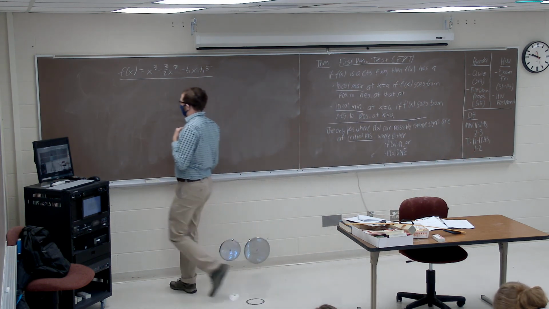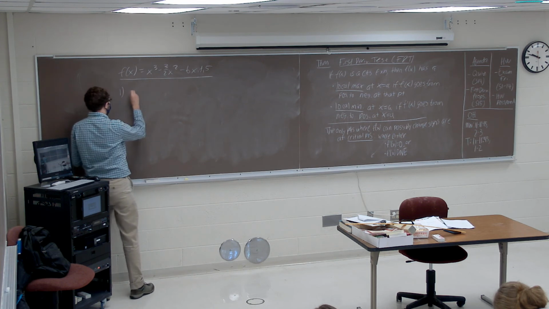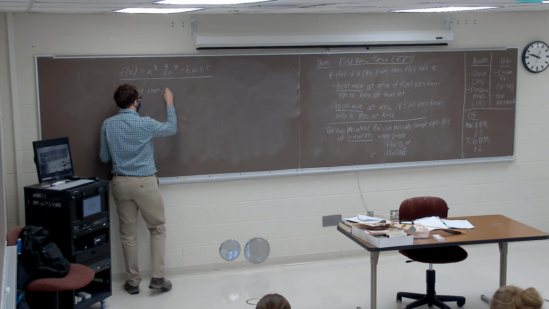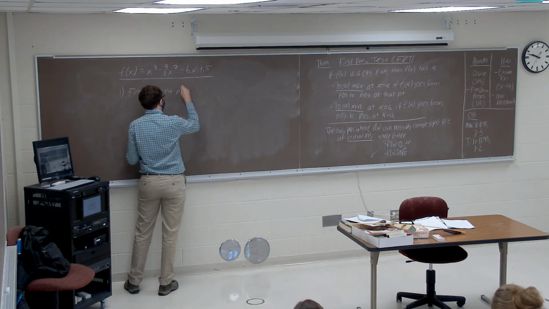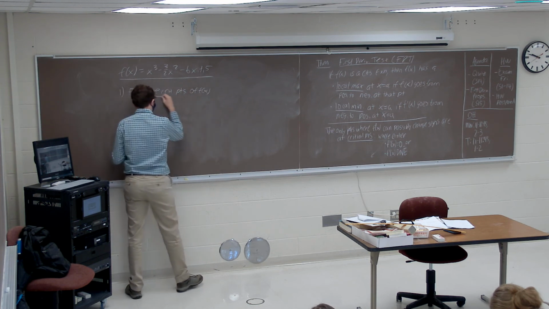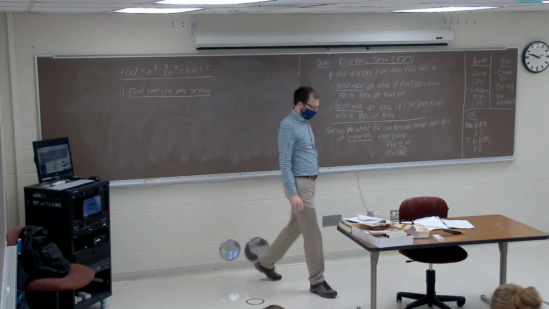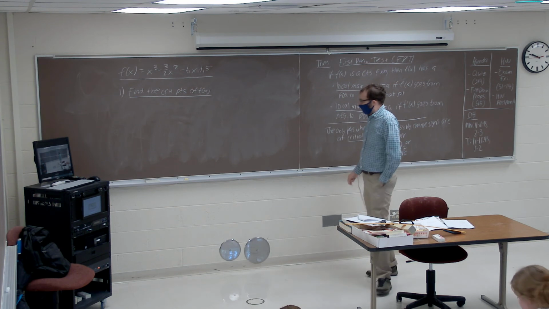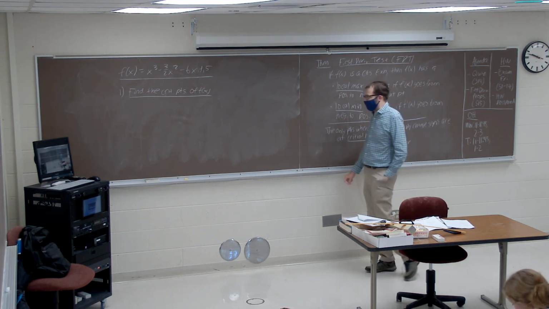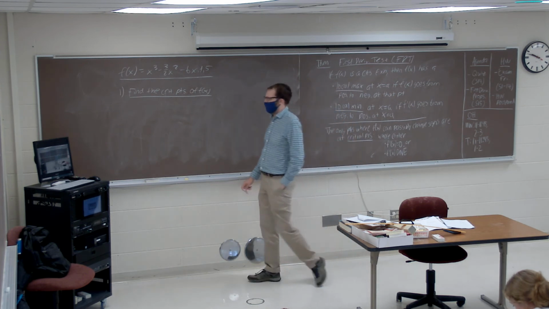So our first step, given a situation like this, is to find the critical points. In other words, we need to find the points on the graph of our function where f prime is either 0 or does not exist.